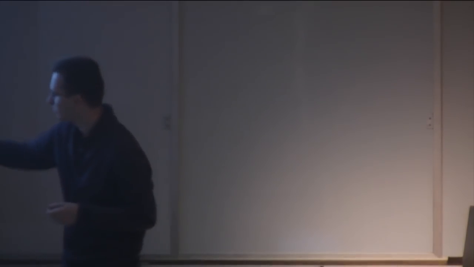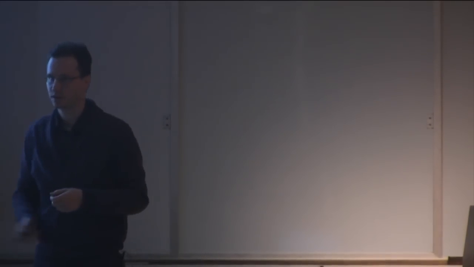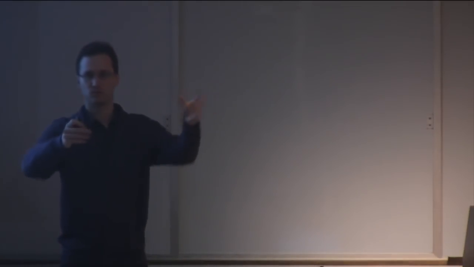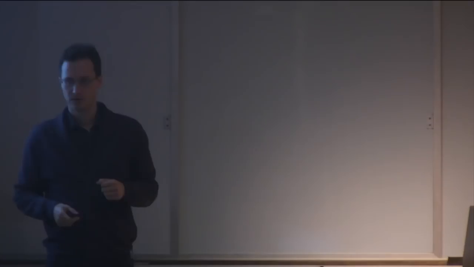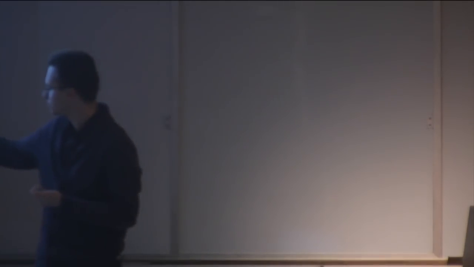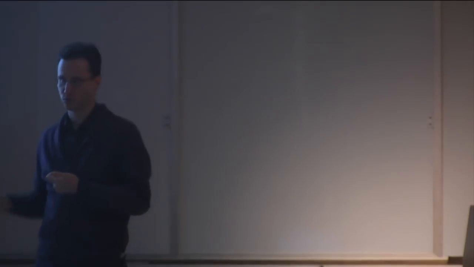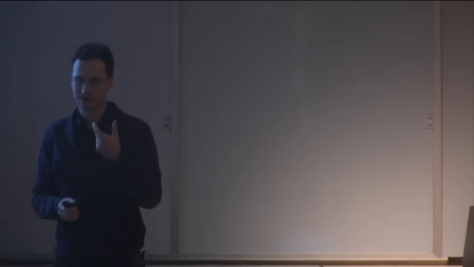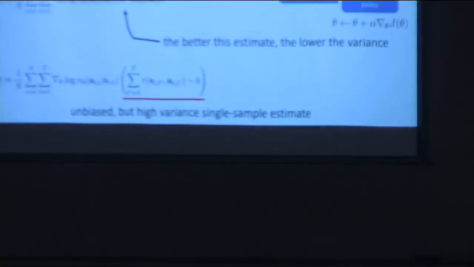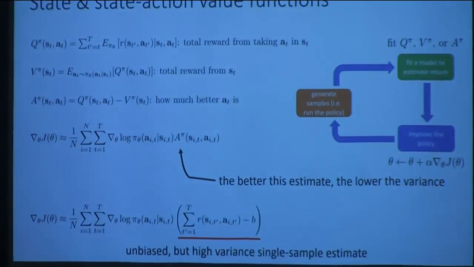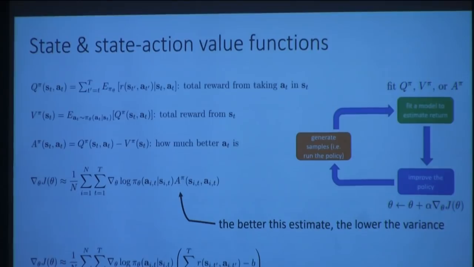So you could teleport back to SIT and then take action AIT again and then run your policy. Now you would get a second sample that you could use to get a better estimate of this total reward to go. So if you estimate an expectation of some function with one sample versus with two samples, using more samples gives you lower variance.